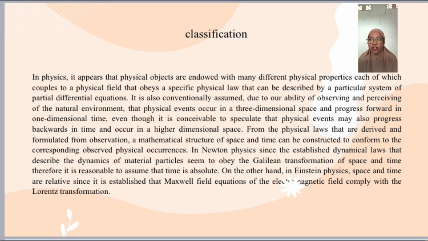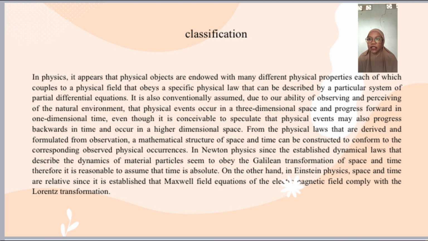It is also conventionally assumed, due to our ability of observing the natural environment, that physical events occur in three-dimensional space and progress forward and backward in time, and occur in higher dimensional space. The physical laws are derived and formulated from observation. A mathematical structure of space and time can be constructed to conform to the corresponding observed physical occurrence.